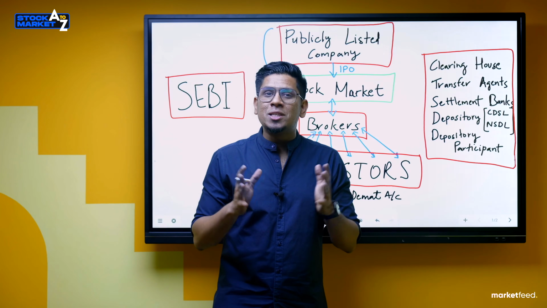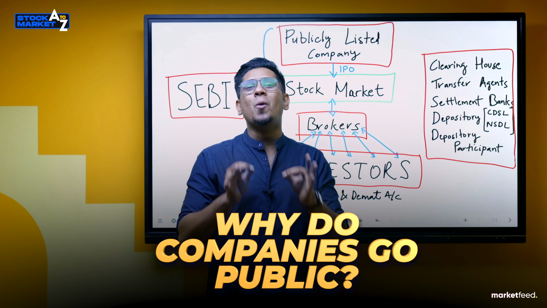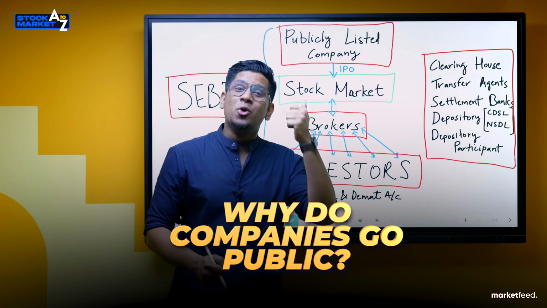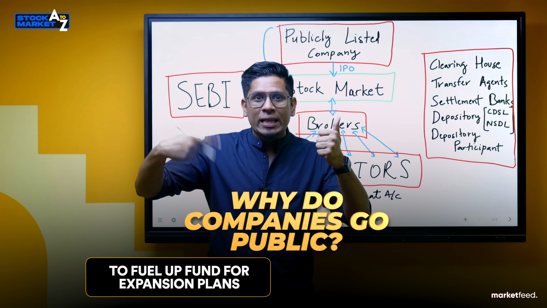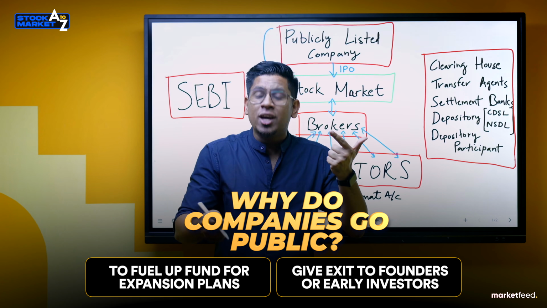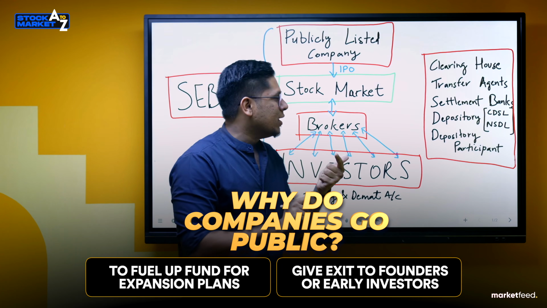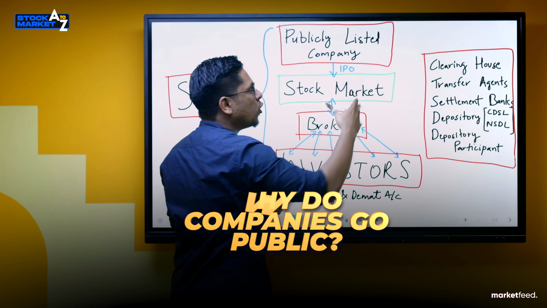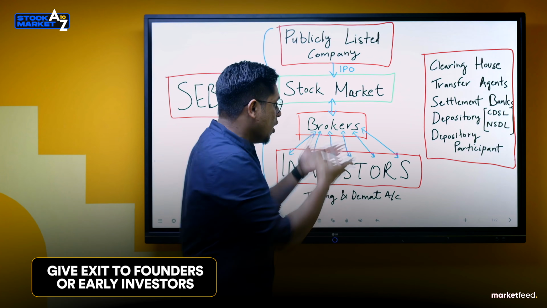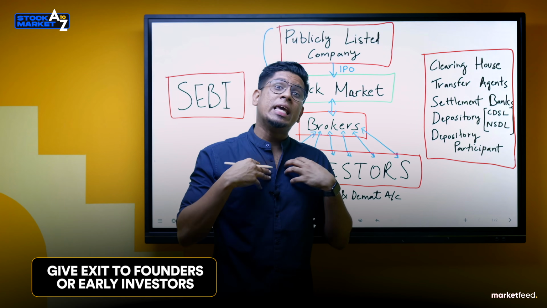To sum up so much about the story, what have we learned? Why do companies go public? And what is the answer? To raise capital which can fuel their expansion plans and also to give exit to the founders or early investors. What does the second point mean? For example, when Jignesh Bhai is offering some percentage of his company for the public to invest in, he is offering some shares which he owns also.